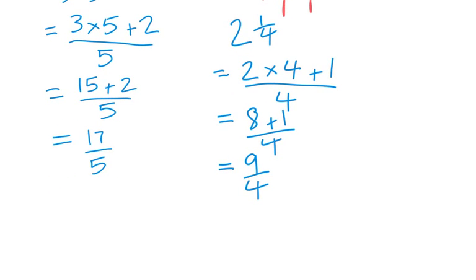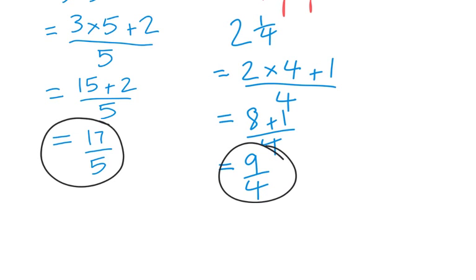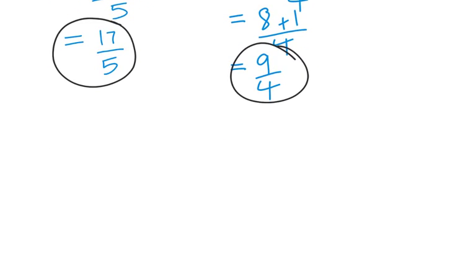So what we've done is we've just converted our mixed numbers into improper fractions, which I've just circled. I'm going to rewrite this equation with the improper fractions we've just figured out. So I have 17 over 5 subtract 9 over 4.